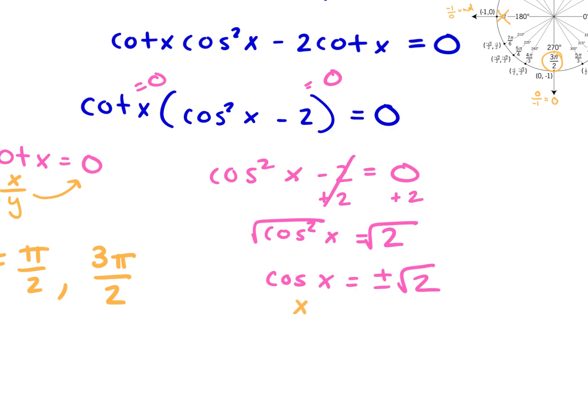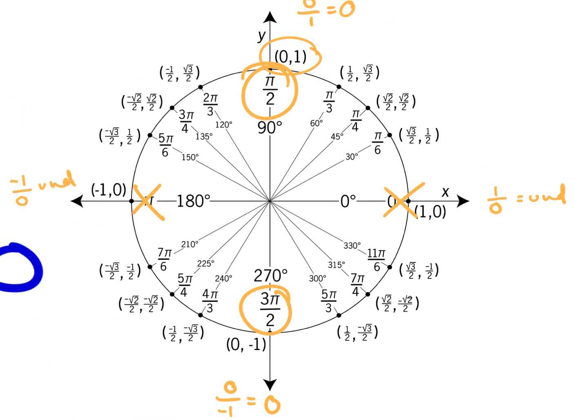Perfect. Cosine tells us we look at what? The x value. We want to see where on our unit circle our x value is positive or negative square root 2. So let's go to our unit circle. We're looking at our x values here. Do we have any x values that give us positive or negative square root 2?